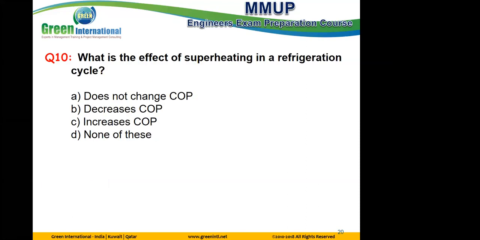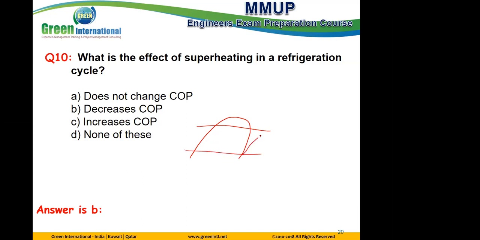What is the effect of superheating in a refrigeration cycle? Decrease COP. Because with more superheating, the curve goes like this. You remember the chart. This is the normal one.